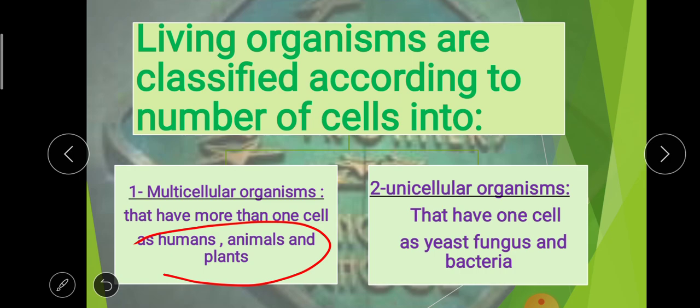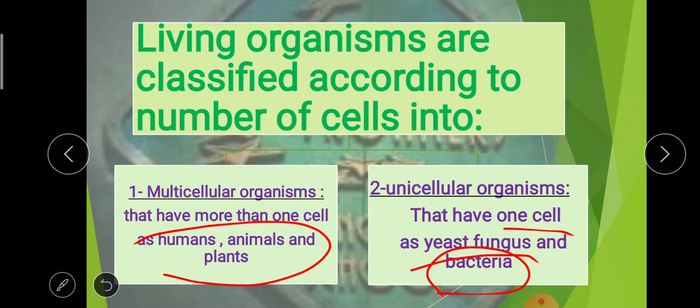Unicellular organisms have one cell, such as yeast fungus and bacteria. We cannot see bacteria and yeast fungus with the naked eye. We can see them under the microscope because they are very, very small.